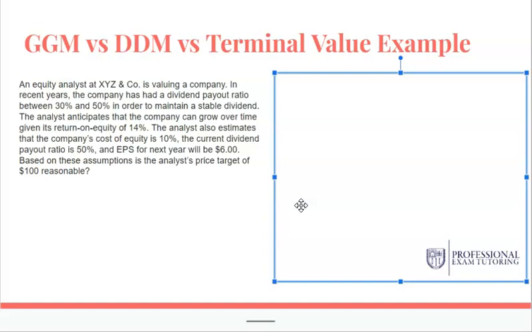One thing that's really important to know and kind of unique here is that most of the time when we're calculating a formula for price, we have this formula that we're using, and let's say it's a dividend discount model.